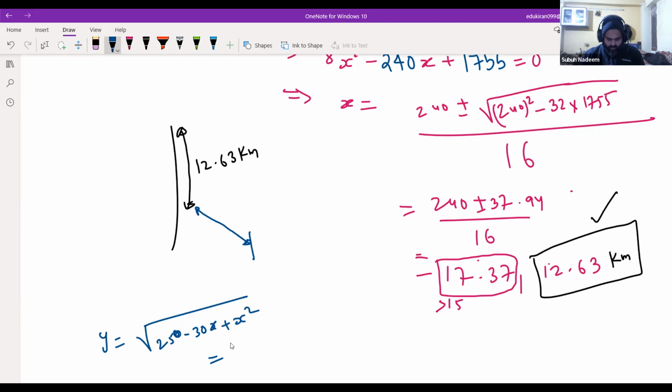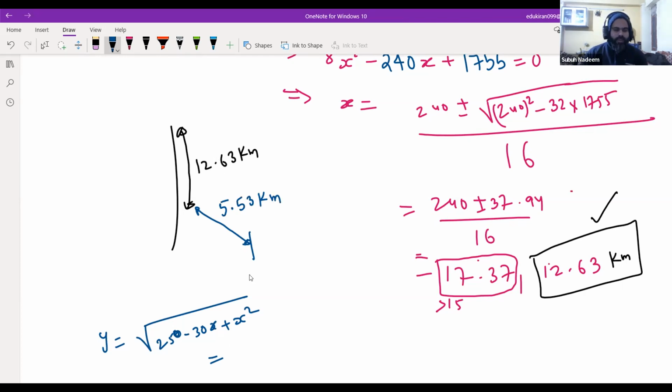So square root of 30.6169 is 5.53. So he will swim for 5.53 kilometers like this.